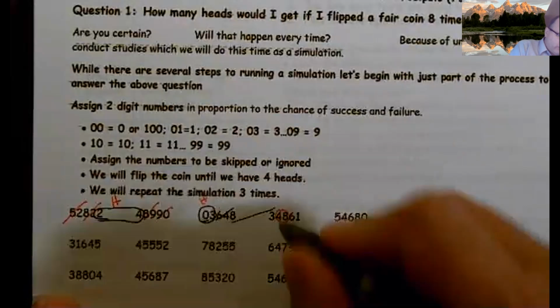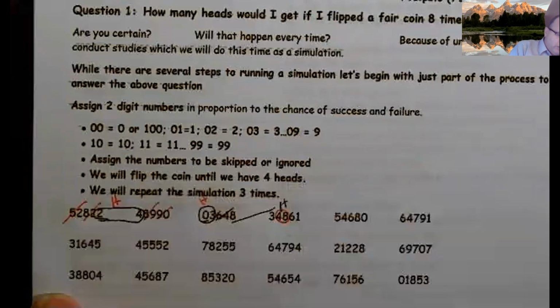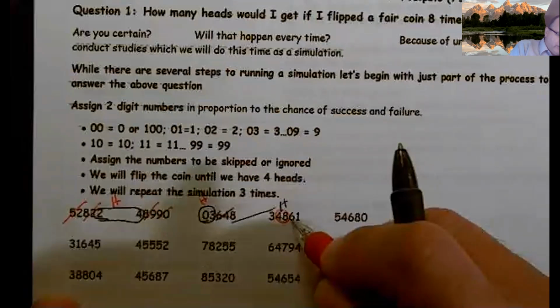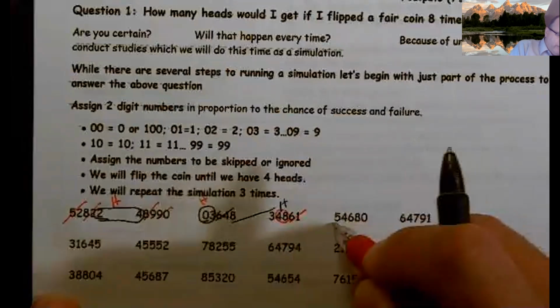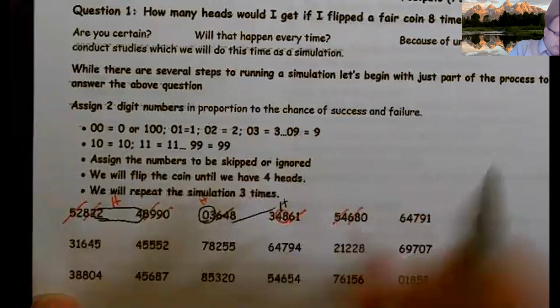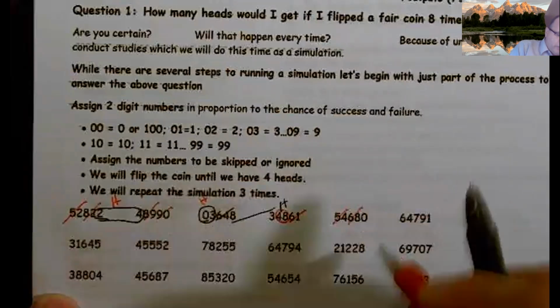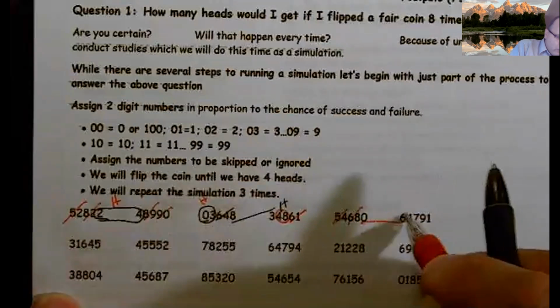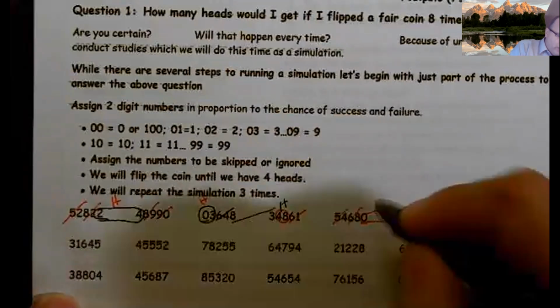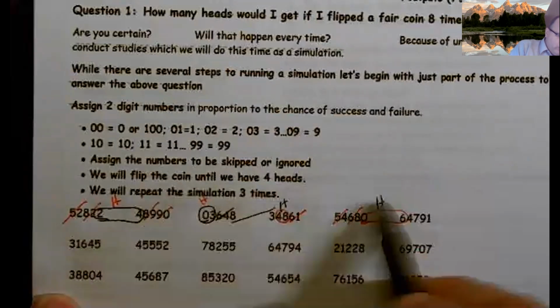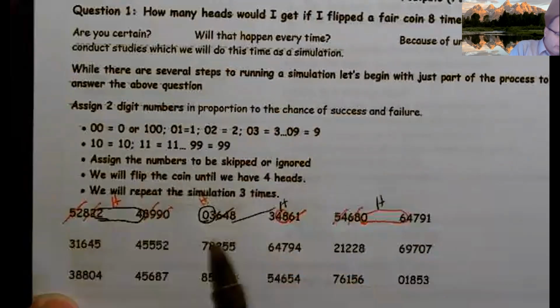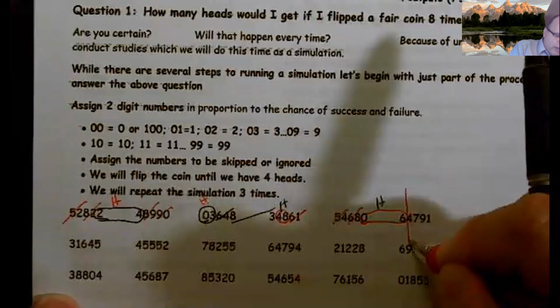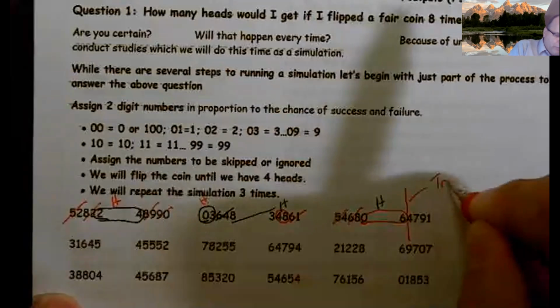Well, I switched colors. Oh, well. Didn't mean to do that. Then we have a 61, a 54, a 68, and now we also have a 06. And at this point, I can count them, and I have 1, 2, 3, 4 heads, and that's the end of my trial.